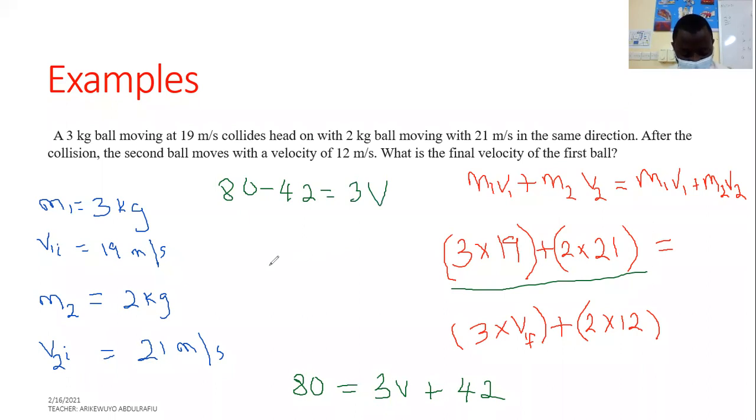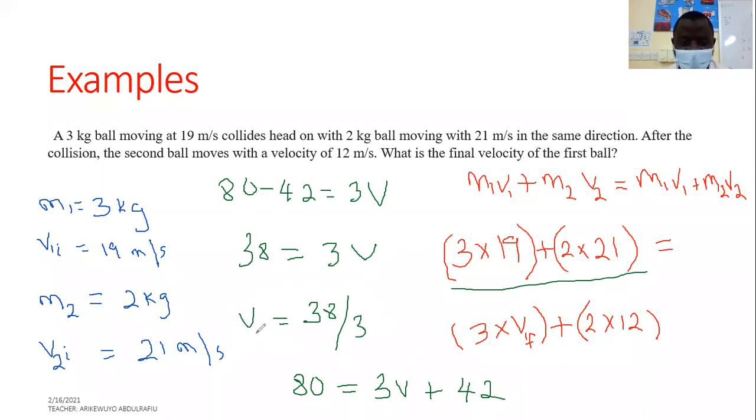Now 80 minus 42 is 38. 38 is equal to 3V. So my V will be 38 divided by 3. I'm sure you know this. If I divide that by 3, I get 12.6.